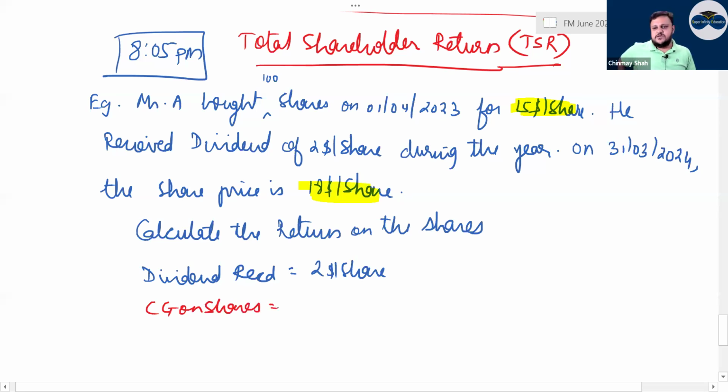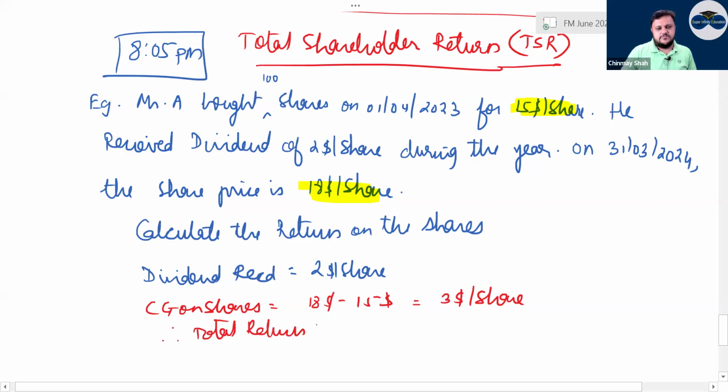How much is it? $3. How did you get $3? $18 minus $15 is $3 per share.